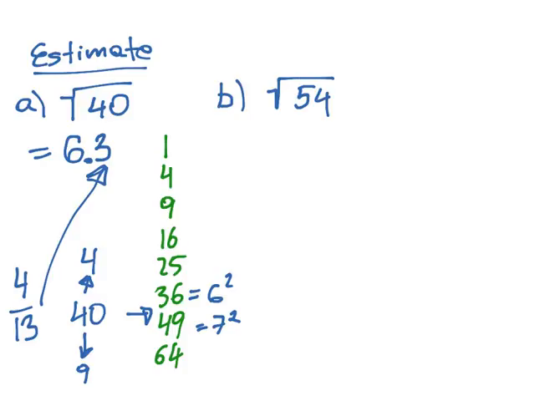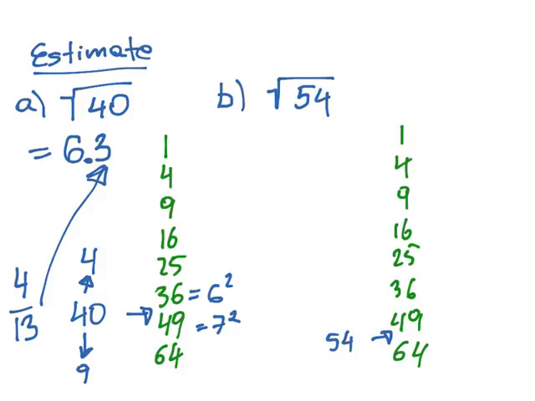Let's use a similar method to find the root of 54. Again, we have to make sure that we have the list of the perfect squares. And 54 lies somewhere between the 49 and the 64. It lies 5 away from 49 and 10 away from 64.